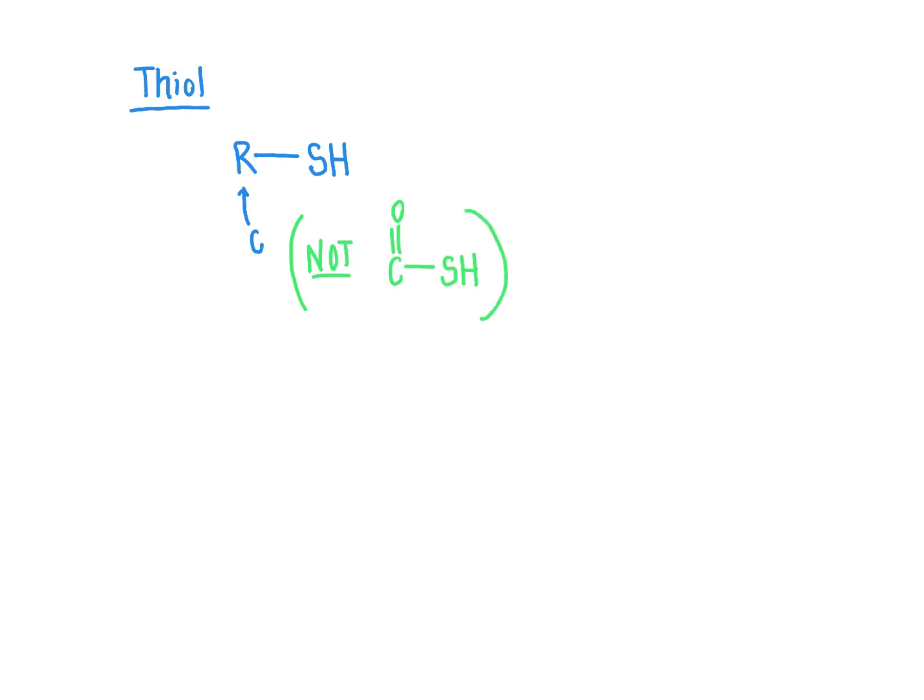So be aware that if you see this type of structure, where we have a carbonyl bonded directly to an SH group, that is not a thiol. It's a functional group that's outside the scope of the material that we're covering here, so be aware of that possible red herring. A thiol is referring specifically to an SH group that's directly bonded to a chain of carbons, a ring of carbons, or some sort of branch structure where ultimately it has to be a carbon and hydrogens directly bonded right here at this first position.